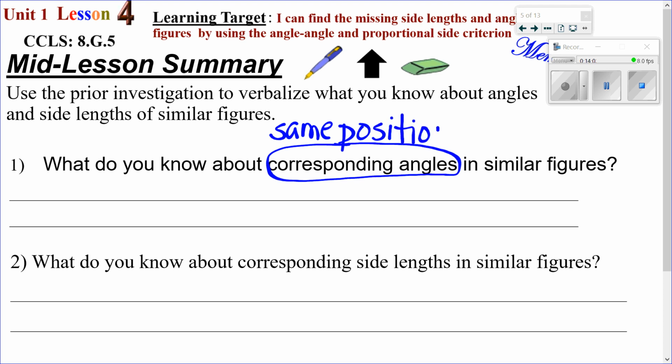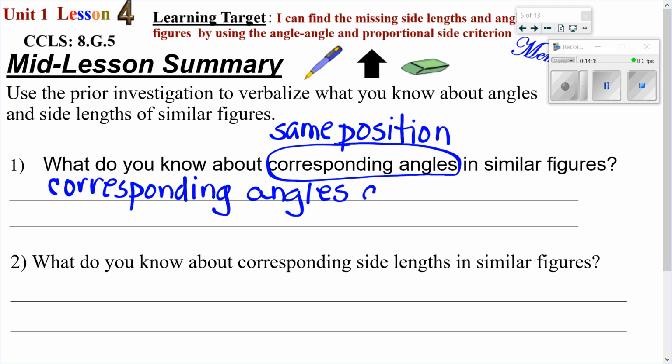And when they hold the same position, we saw that they are the same number of degrees. So we know that corresponding angles are congruent. That's our special word.